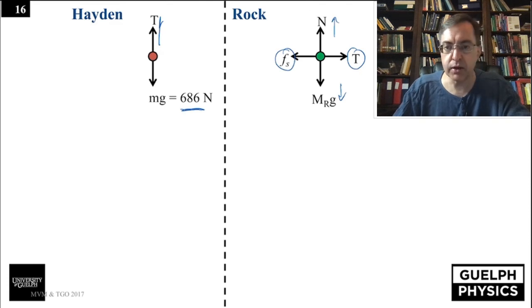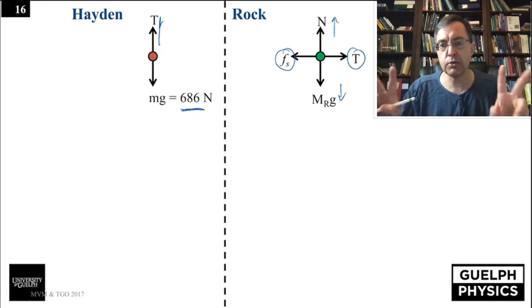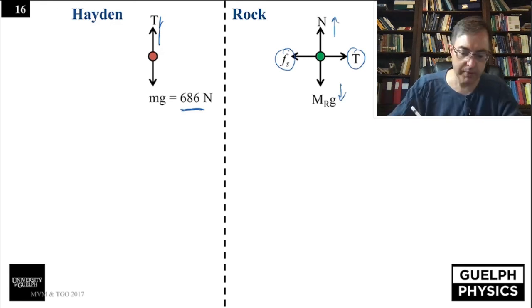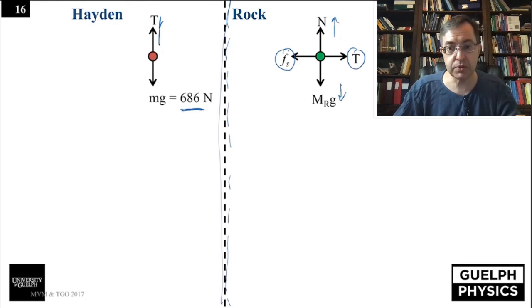The second thing is to define a coordinate system. Because we have two objects in this problem, I've written a dotted line here because it's essentially two separate problems, and so I can define two separate coordinate systems. One for the rock, the usual coordinate system, and a separate coordinate system for Hayden, where it's a one-dimensional problem in y.